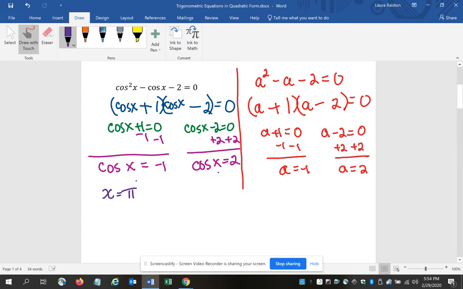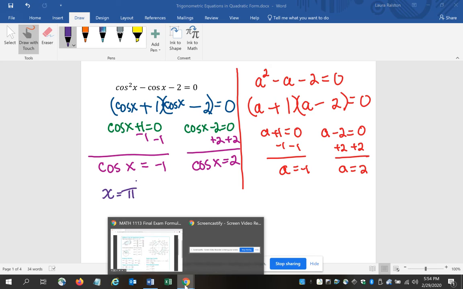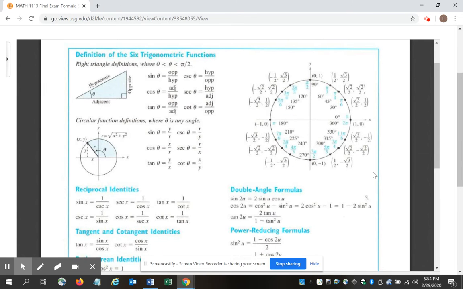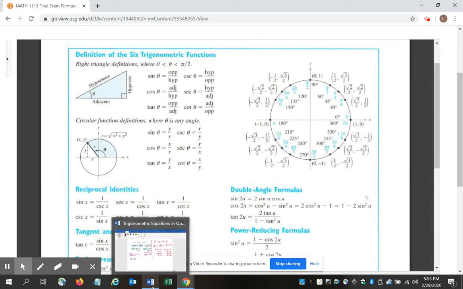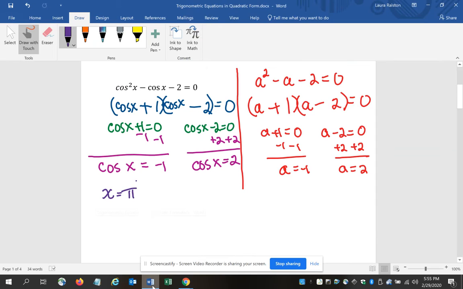So then I have to go back and ask myself, where on the unit circle is the cosine equal to 2? Now, if you look at the unit circle, remember it has a radius of 1. If you go all the way around the unit circle, nowhere is the cosine equal to 2.